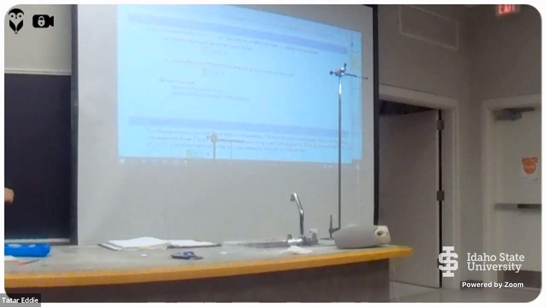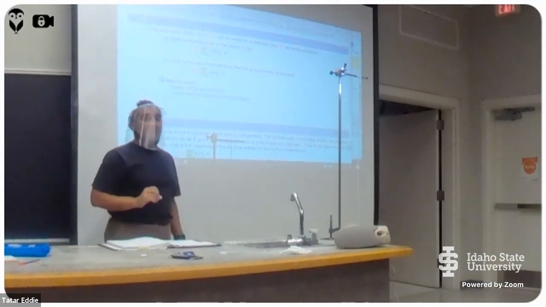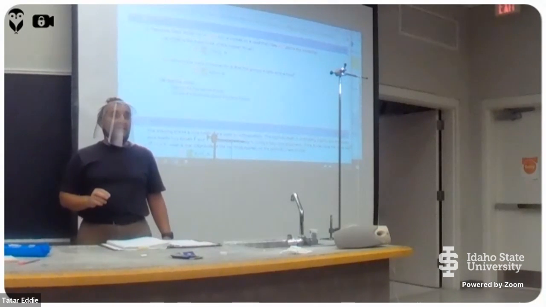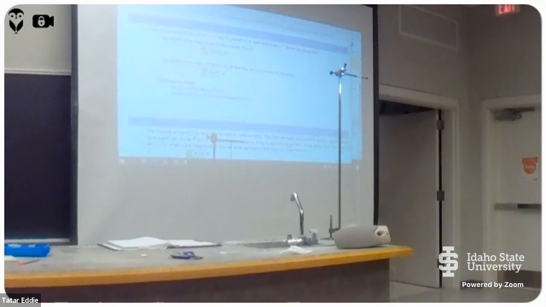Part B, what is the static friction force exerted on this car? What is the static friction force? Well, again, the x components, the forces in x direction also have to cancel out. Otherwise, the car is either going to slide down or it's going to go upwards, which is not what the problem says.